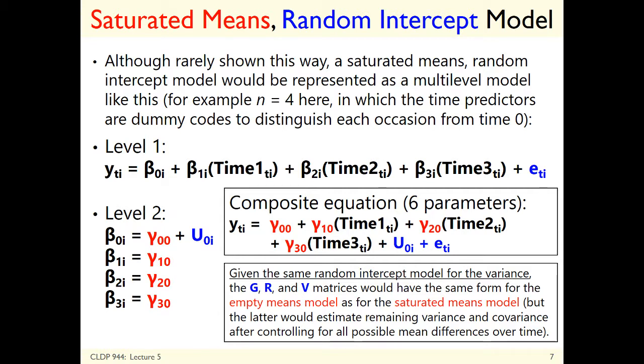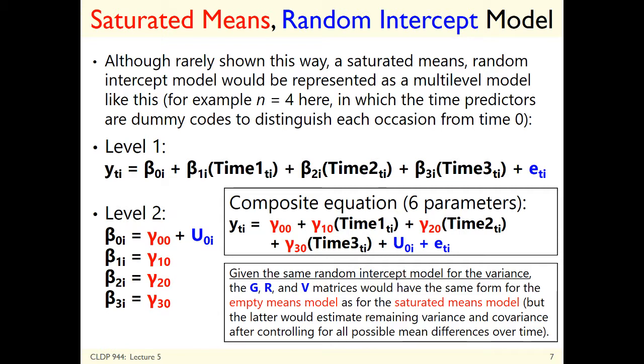So each person gets a random intercept that allows them some difference in intercept that carries through all of their data, but they all change the same. So that's that compound symmetry pattern.